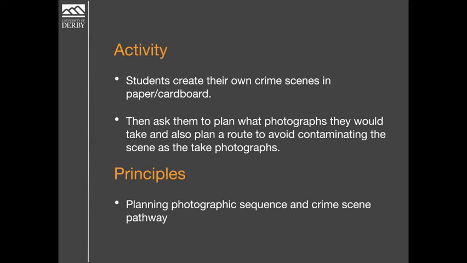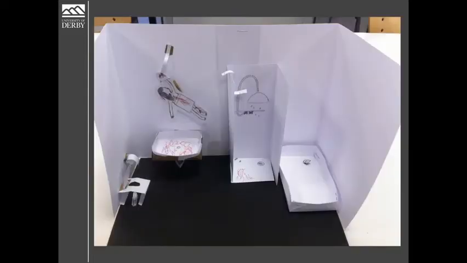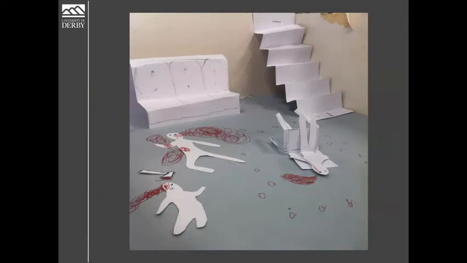It's all about planning the photograph sequence and the crime scene pathway. It might seem an activity a little bit too primary school, but all the students engaged in it and produced some awkward and fairly gory crime scenes, as one would suspect. There's someone hanging in the bathroom, and there's one that I can't quite work out how they could possibly get anywhere near without lots and lots of plates in terms of steps.